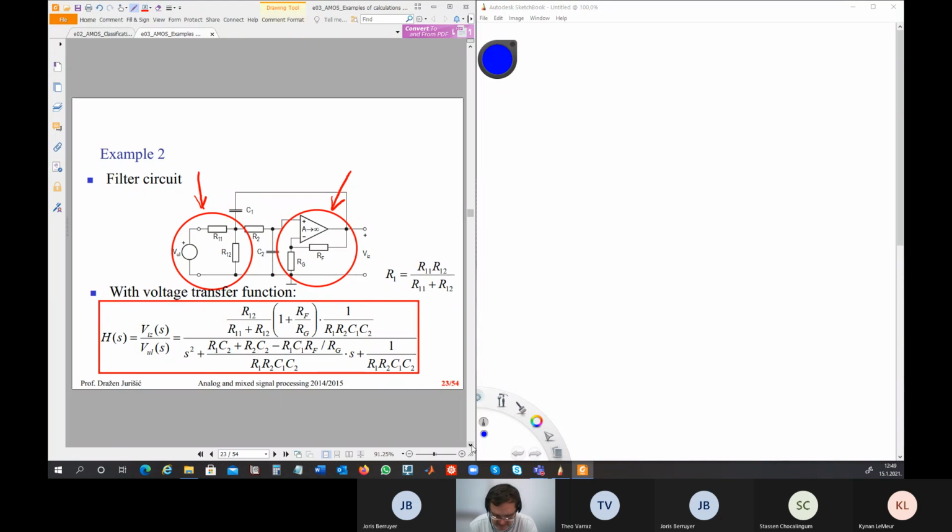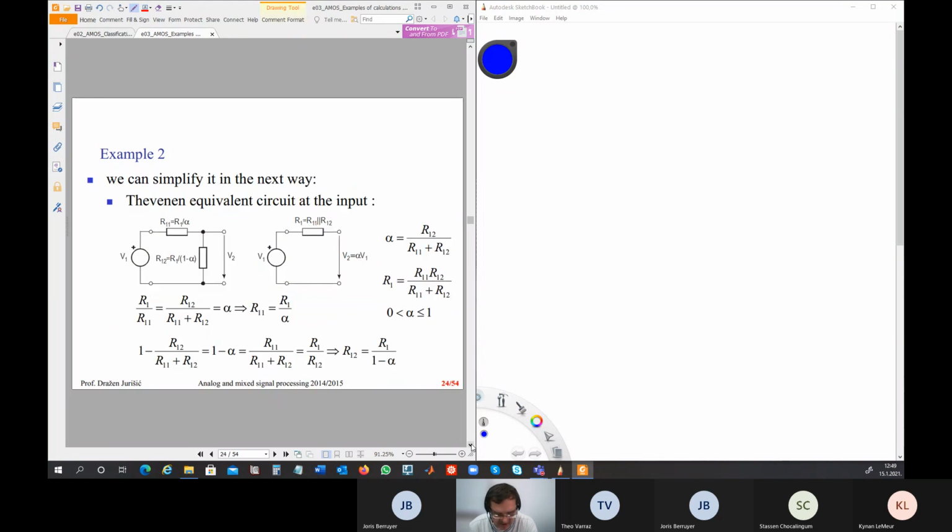Okay. So this is a Thevenin equivalent circuit at the input. It can be replaced by this simpler version. V2 is then alpha V1, and alpha is the voltage division ratio. R1 is R11 and R12 in parallel. So we can also calculate R11 and R12 back if we know R1 and alpha.